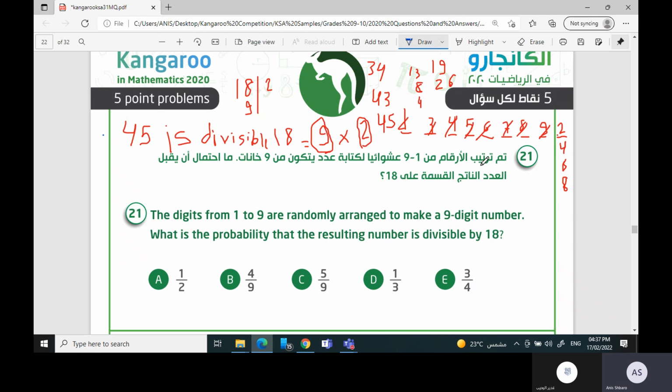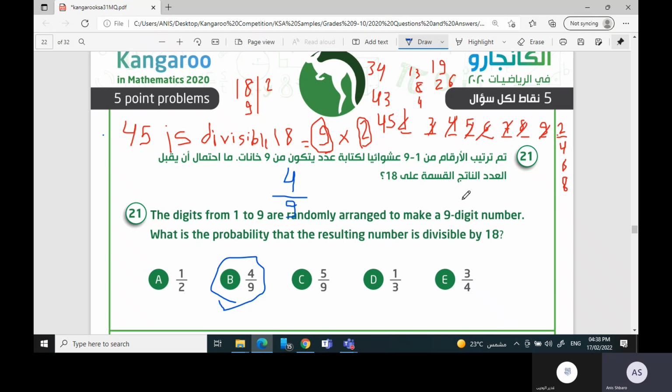So in order to find the probability of this, we have only to count how many choices I have. 1, 2, 3, 4. I have 4 choices from 9 different choices. So it's simply 4 over 9. Okay, so I'm going to choose it directly. It's B. Hopefully it's clear for you.